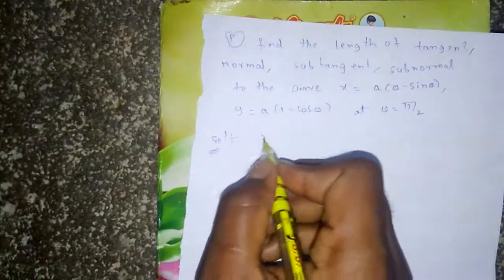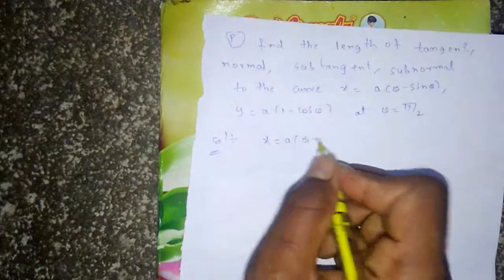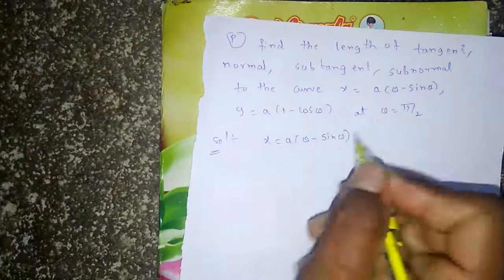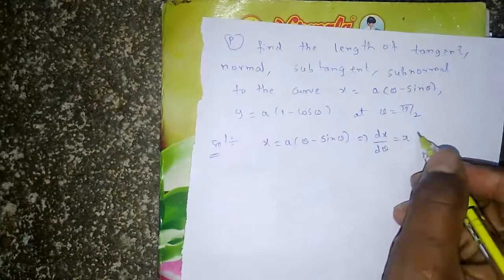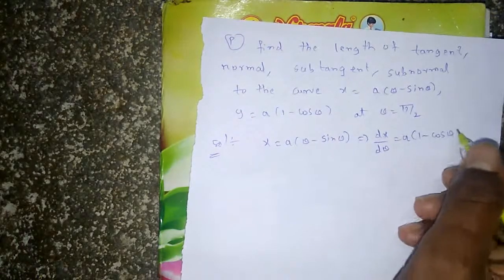Here the given curve is x is equal to a into theta minus sin theta. Here, parametric differentiation, dx by d theta is equal to a into 1 minus cos theta.